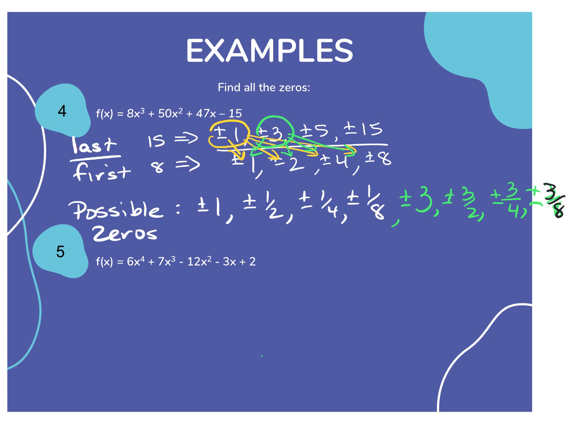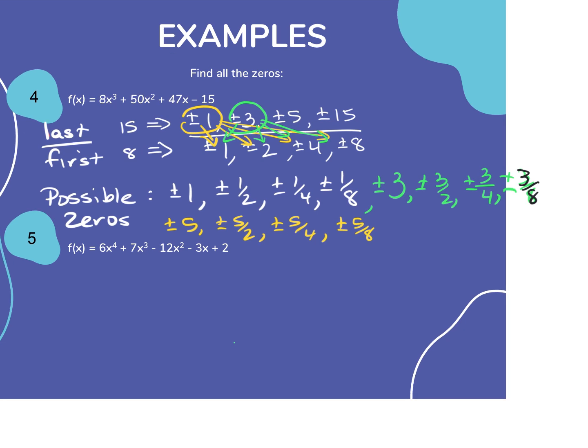I'm going to take the 5 and give it a denominator of 1, then a denominator of 2, then a 4, and then of 8. And now I do the same thing with the 15. 15 over 1 is 15, 15 over 2, 15 over 4, and then 15 over 8.